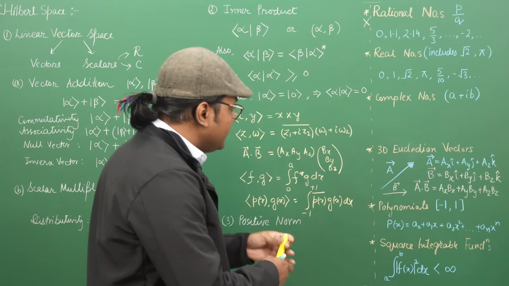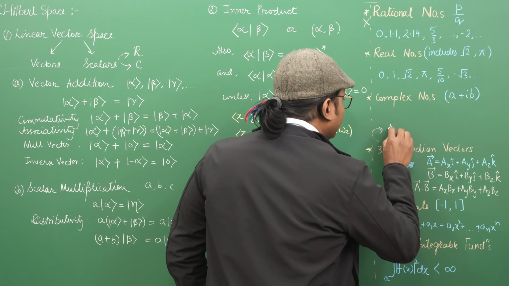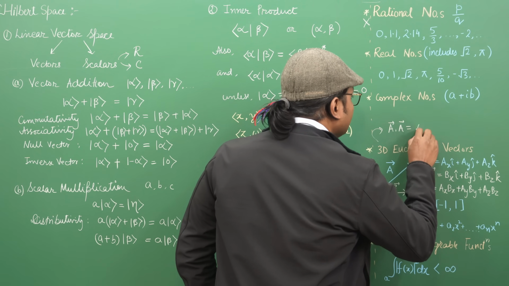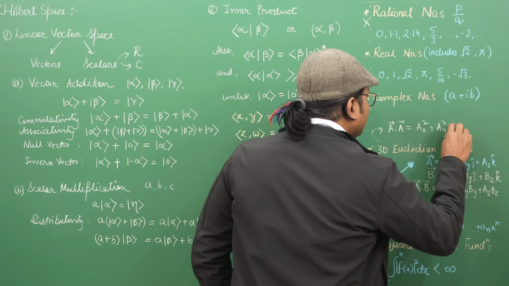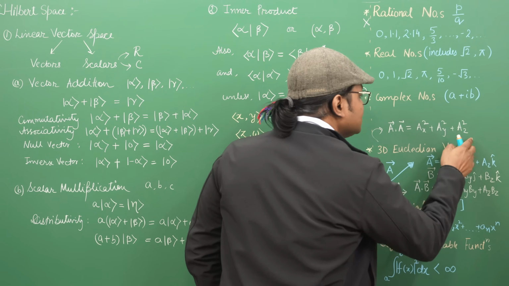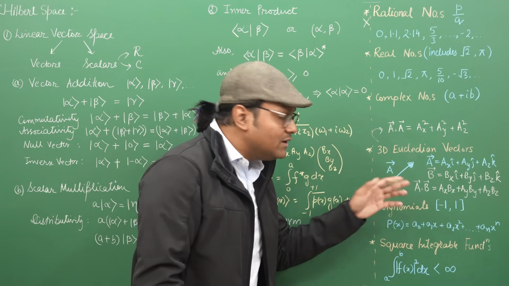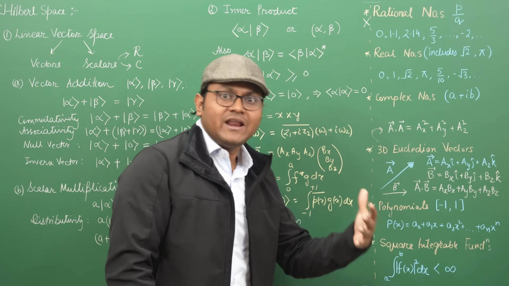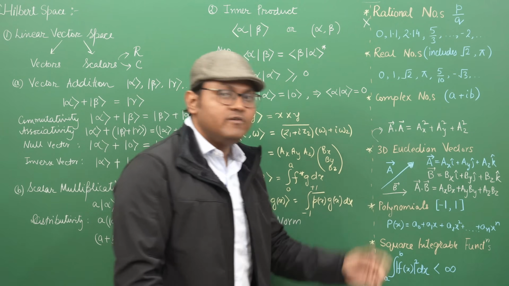For example, if I want to find the dot product of a vector A with itself, A dot A, this is simply nothing but Ax squared plus Ay squared plus Az squared, right? What does this tell us? It simply tells us about the length of that particular vector. So the norm is essentially an abstract concept that generalizes the concept of the length of a given vector.